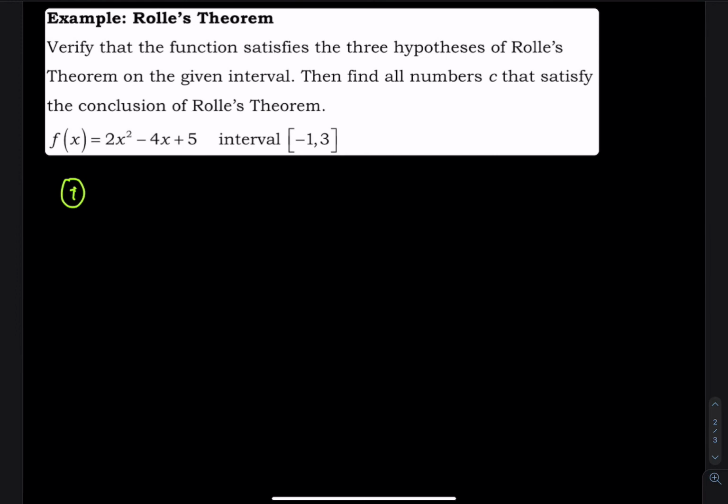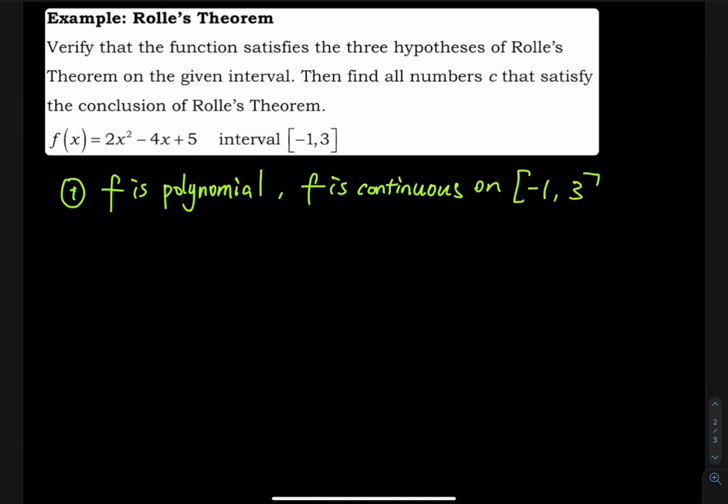This function f is a second degree polynomial, so the function is continuous everywhere, including from -1 to 3. So that's why the function is continuous on -1 to 3. Another way to say this is that you can choose a value between -1 and 3 and plug it in, and the function is always defined.